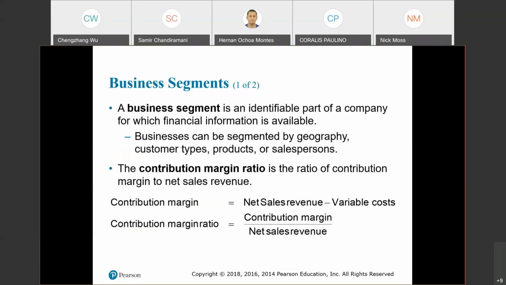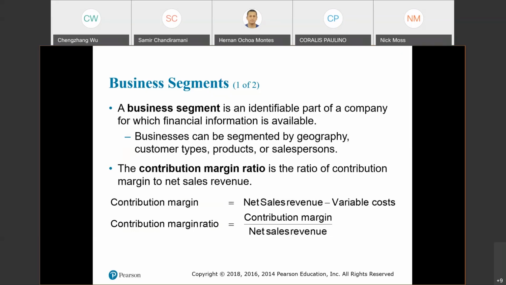Here in this case, we have two business segments segmented by salespersons. In other words, in the Smart Touch Learning case, in addition to two types of product models, we still have two salespersons, or say two business segments.